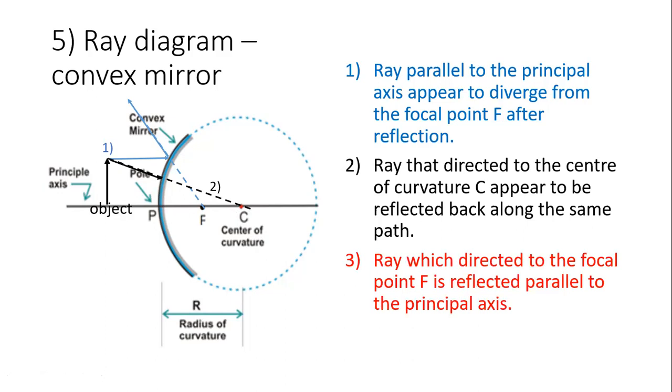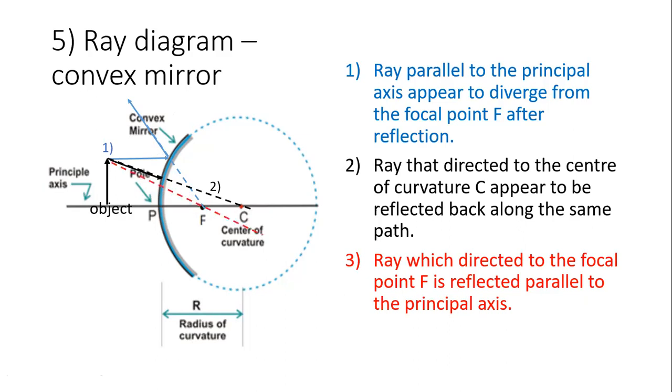A ray directed to the principal focus, the focal point F, is reflected parallel to the principal axis.